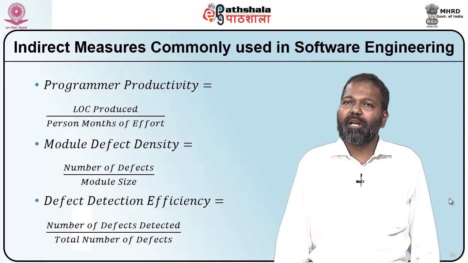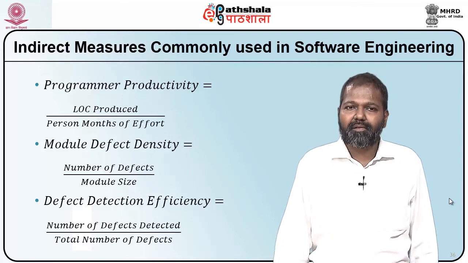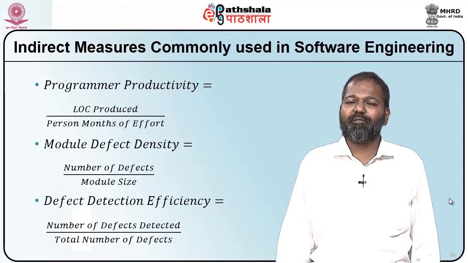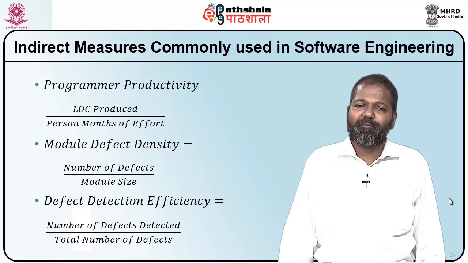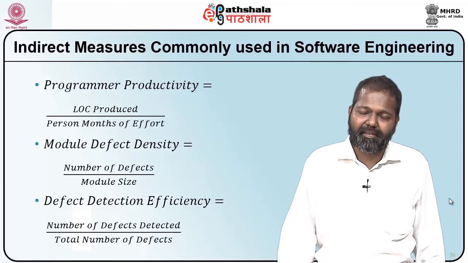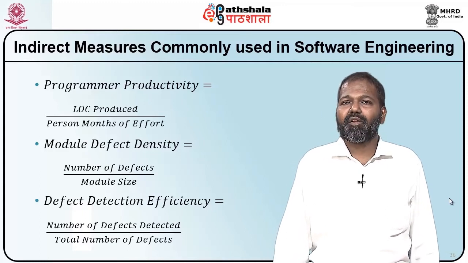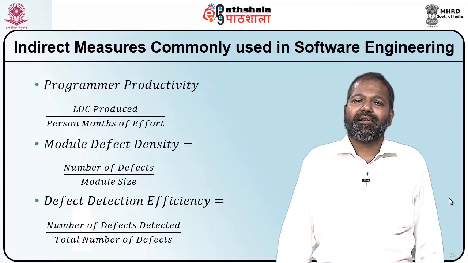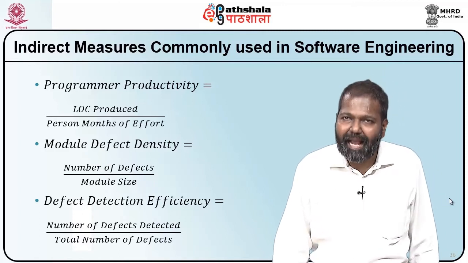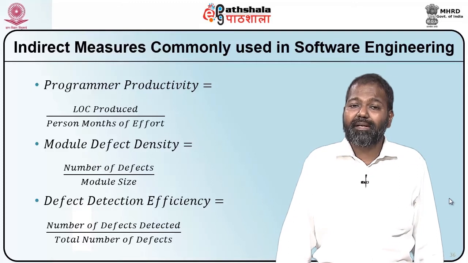Indirect measures commonly used in software engineering: programmer productivity, lines of code produced by person-months of effort; module defect density, number of defects by module size; defect detection efficiency, number of defects detected by total number of defects; requirement stability, number of initial requirements by total number of requirements; test effectiveness ratio, total number of items covered by total number of items; system spoilage, effort spent fixing faults by total project effort.